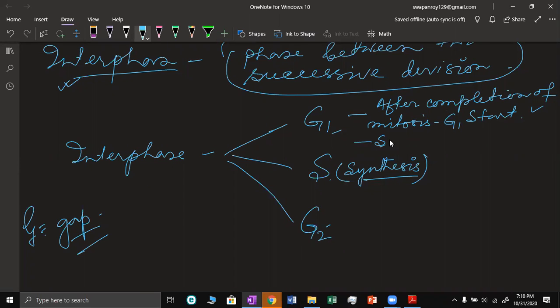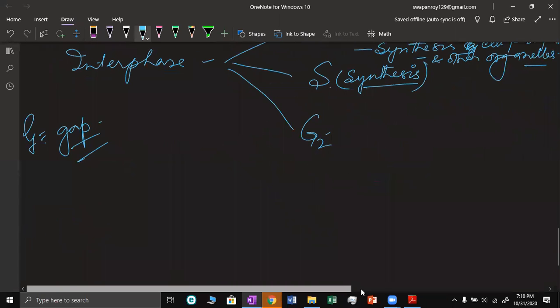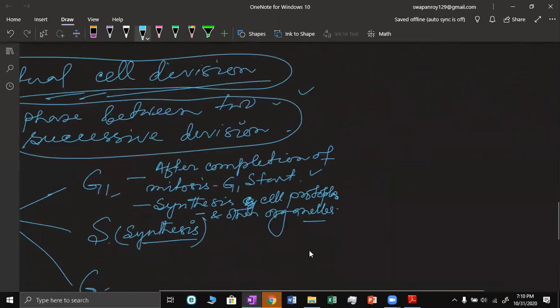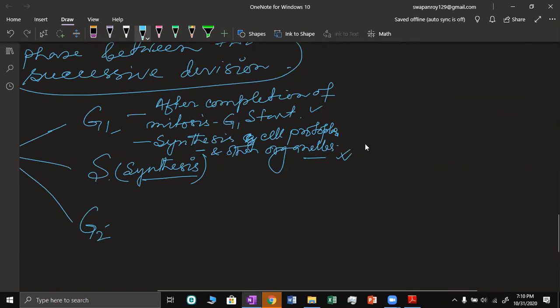It synthesizes cell cytoplasm or protoplasm and other organelles.